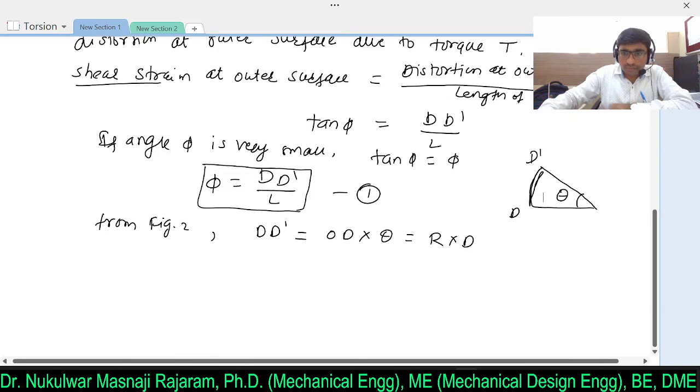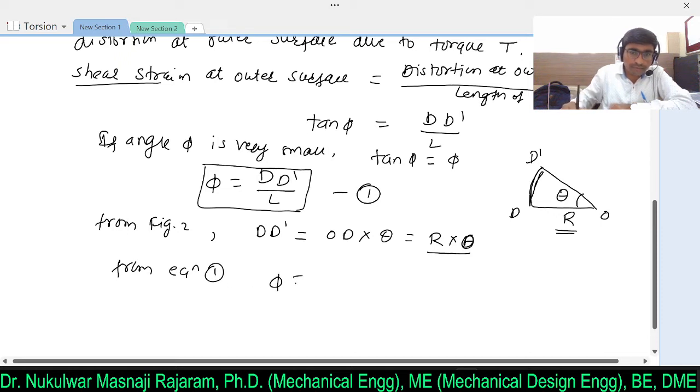And if I want to evaluate this arc d dash, then I can write theta into OD. So if I consider this is O point, then what is this? This is nothing but R. So I can rewrite R theta. I am just putting this value of d dash in equation 1. So from equation 1, phi will be R theta divided by L. So this will be equation number 2.